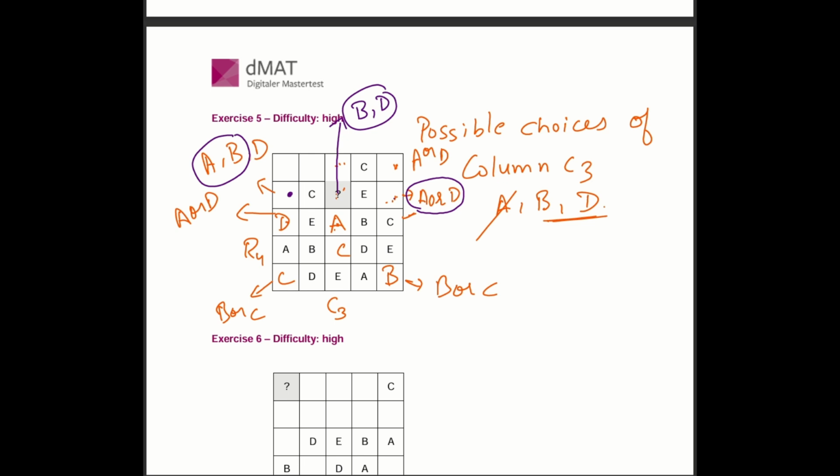B, A, C. Here A or B, two choices are left. Have we solved this correctly? Yeah. A or D? B, this is B or D.